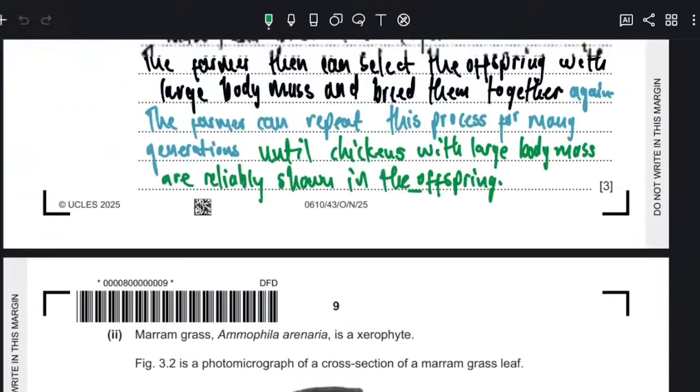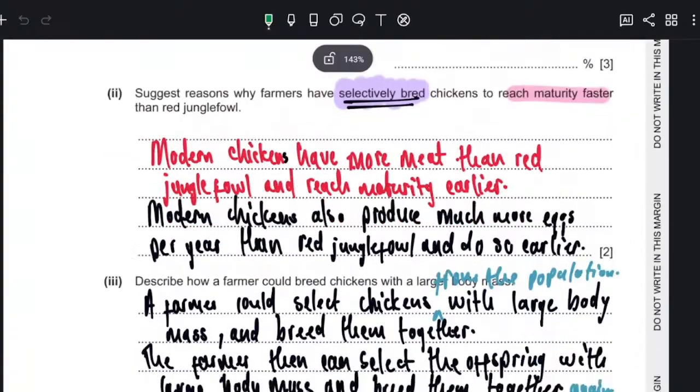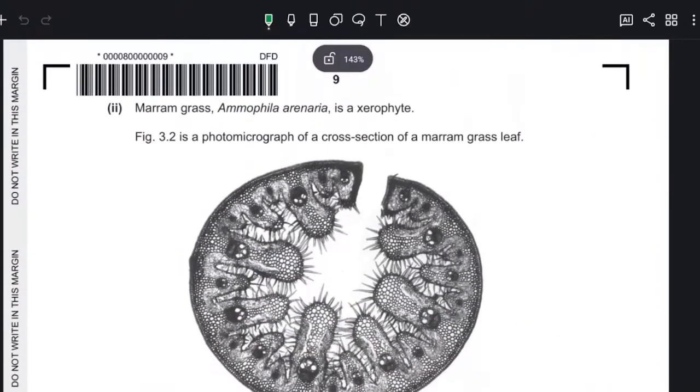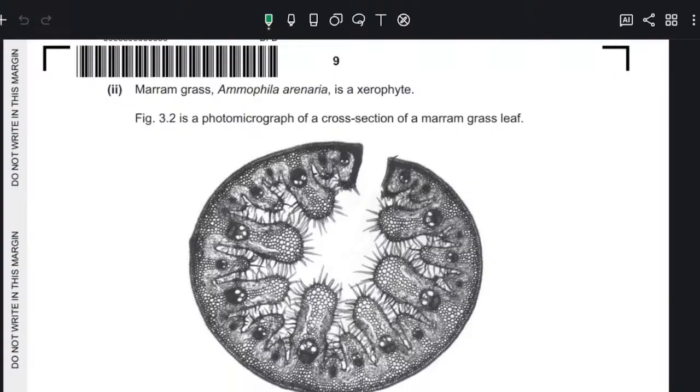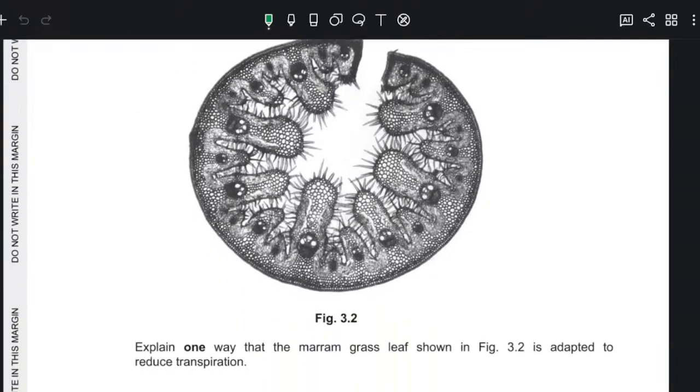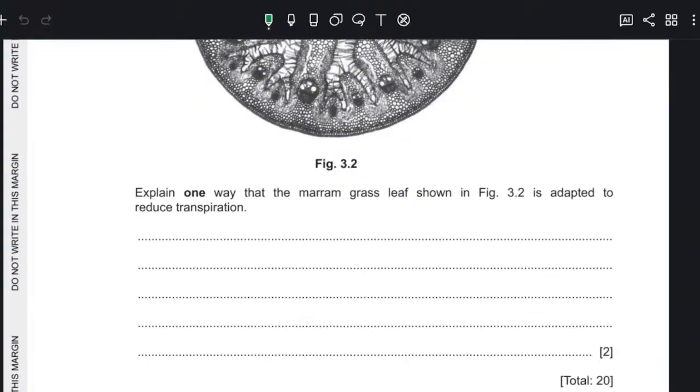I've jumped. This is like the next question. Are we together? Yes. This is another question completely. Tell us how this leaf is adapted. Explain only one way that this leaf is adapted.